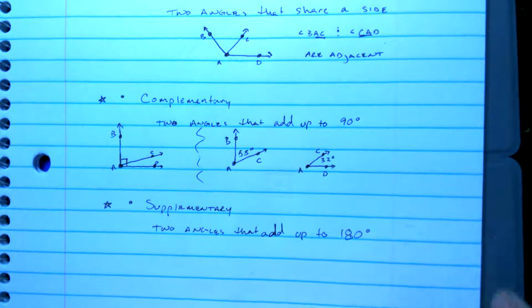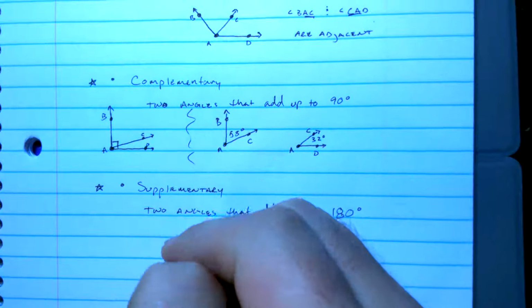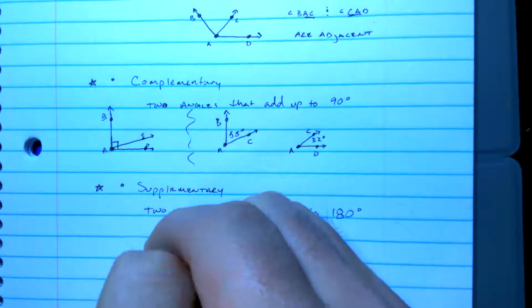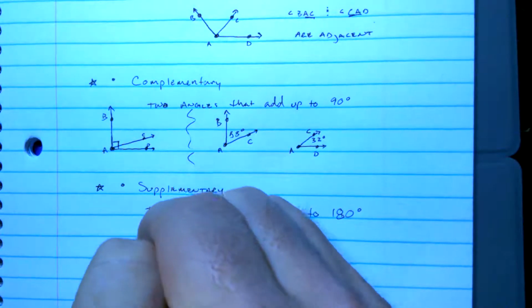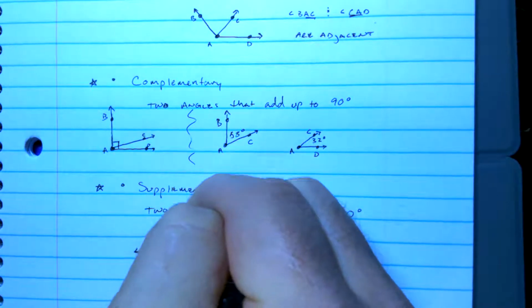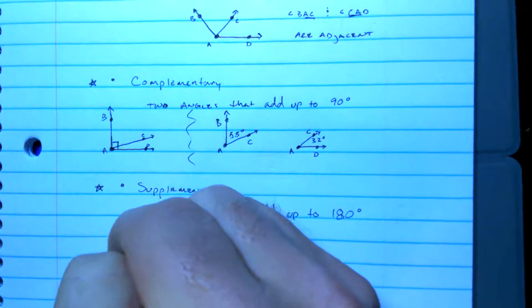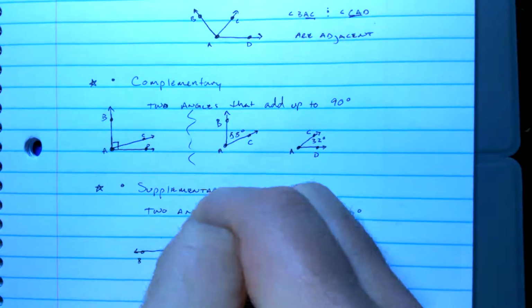So just like those two add up to 90, now we're looking at two angles that, in essence, form a straight line. Still going to go with the same convention of names.